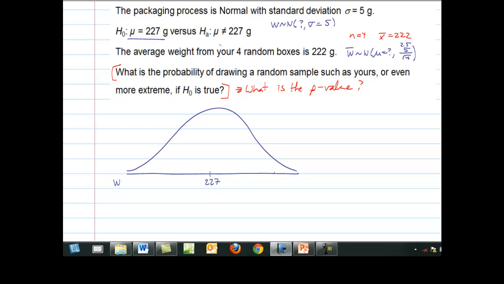So I can be larger or smaller. So what I want to do is plot the 222 over here, and I want to look at this as being as extreme or more extreme. So what we do then is we think as extreme or more extreme, and I'm looking for this value right here. So this is 1/2 of the p-value. Because this is a two-tailed test, I'll have to double that.